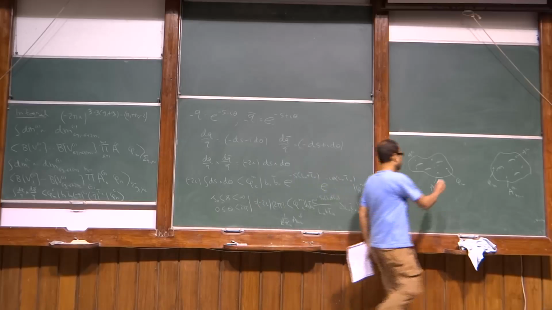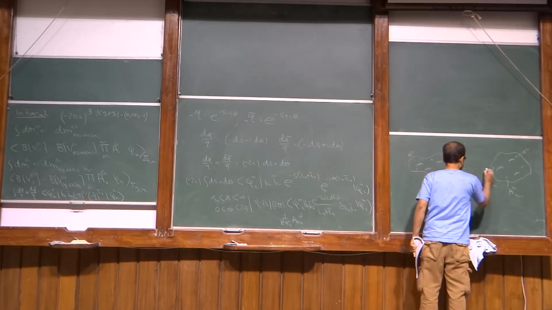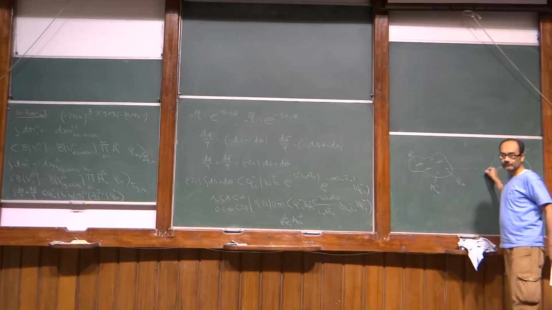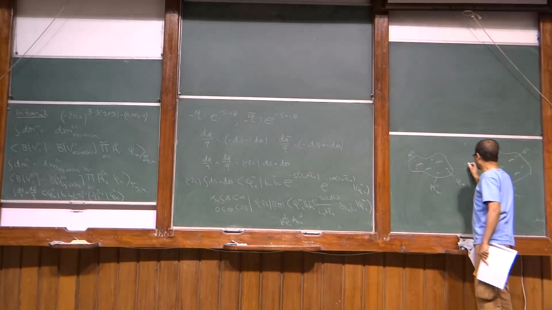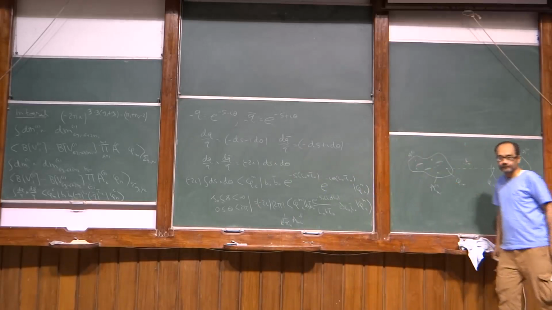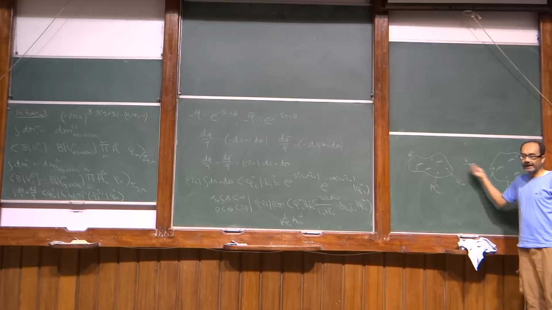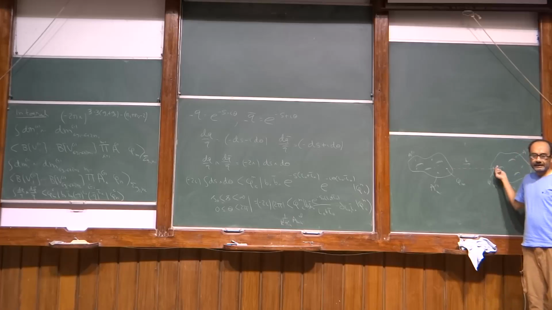So this is like a propagator. k is the total momentum flowing through this. You have to sum over m and n, which means that you have to sum over all possible particles that can propagate in the intermediate state.